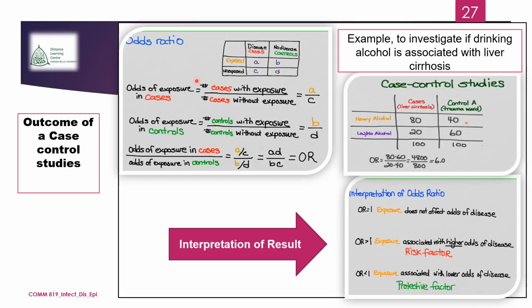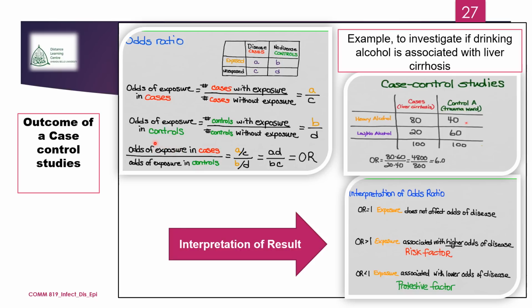But if you don't want to follow the shortcut and want to do it the longer way, then you may calculate them individually. The odds of exposure in cases will be cases with exposure, which is A, divided by cases without exposure, which is C. Then you also calculate the odds of exposure in control: control with exposure B divided by control without exposure D. Once you have the odds of exposure in cases and in controls, you calculate the odds ratio.